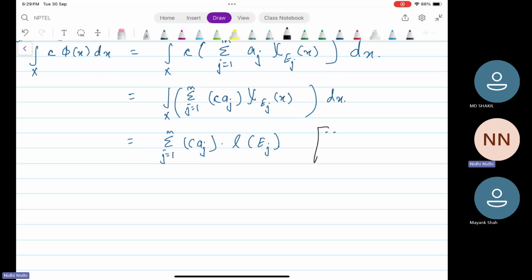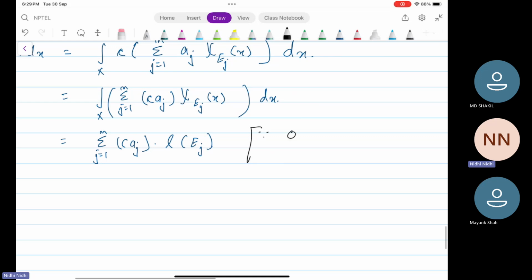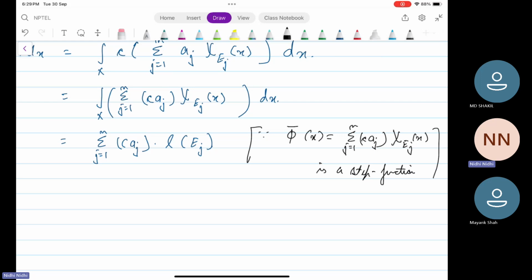Because if I write it as some phi bar of x equal to summation c aj times the characteristic function of ej at x, j from 1 to n, it is a step function.